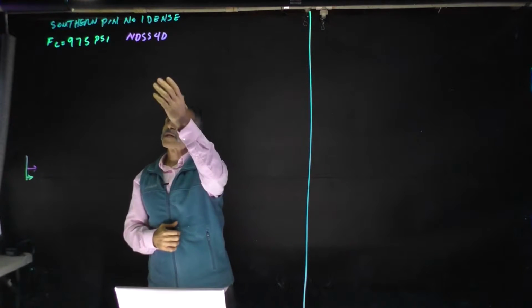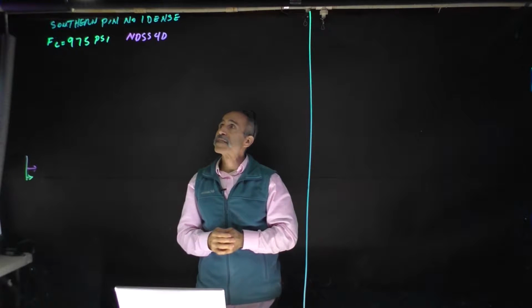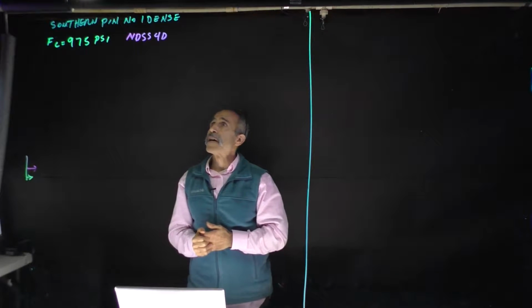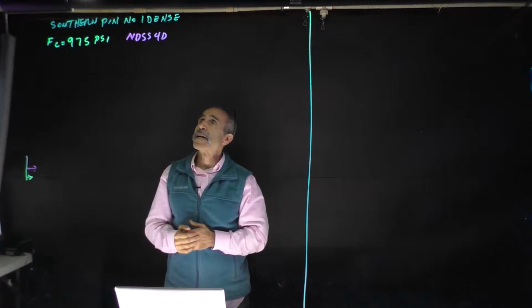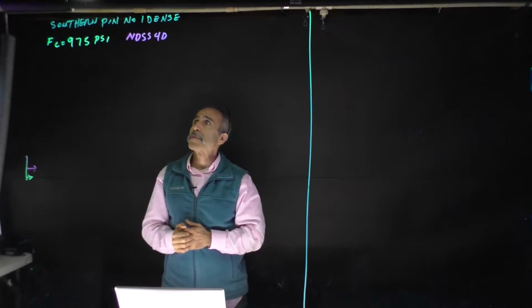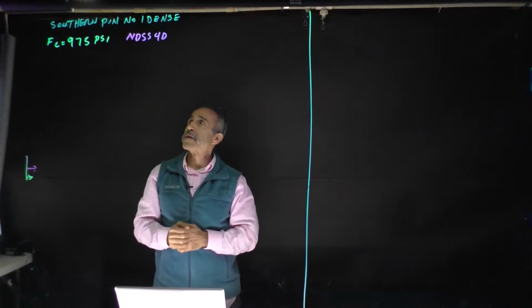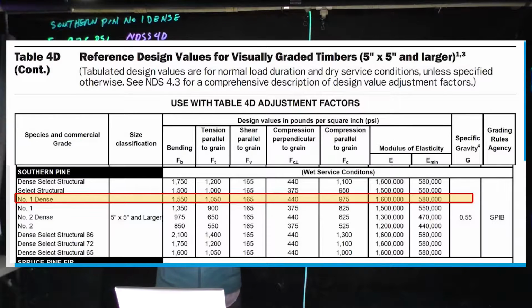We're going to select Southern Pine No. 1 dense, and if we go to table 4D of the supplement, we can find the Fc comes out to 975. Let me write all the properties down.